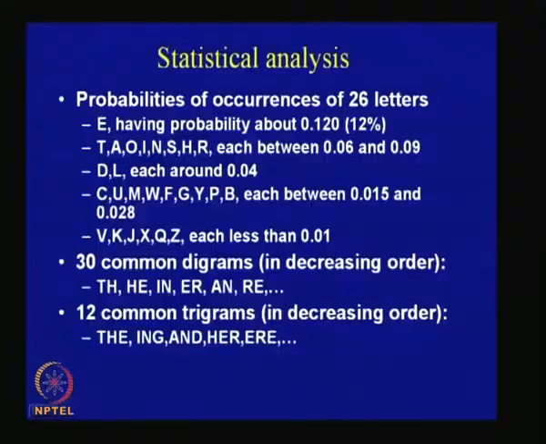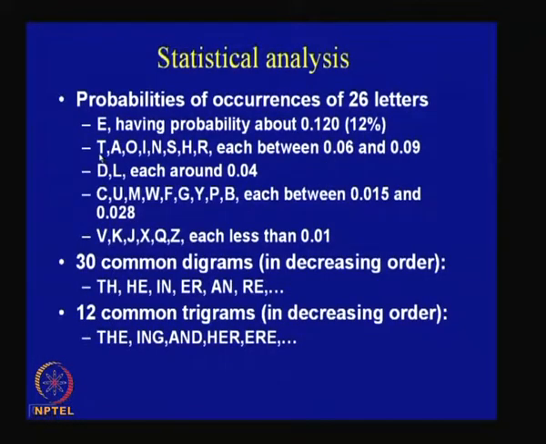Okay, so to start with, let us make some observations. We see that the English language, for example, has certain probabilities of occurrence. Typically we have 26 letters, and there are certain statistics which you can easily observe if you do analysis over a large number of texts. For example, E has the highest probability and occurs with a probability of around 12%.